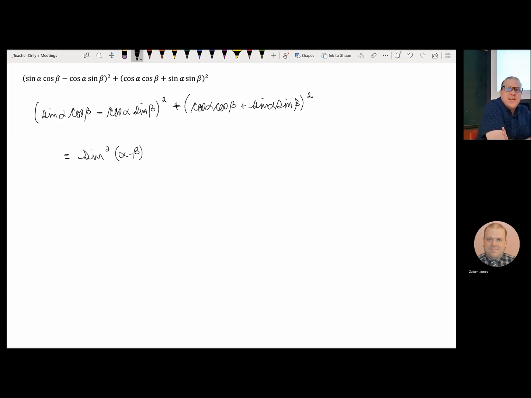You said the first one is going to be sine squared of alpha minus beta, and the other one would be cosine squared of alpha minus beta. That's why you want to go that route. This breaks down to Pythagoras.